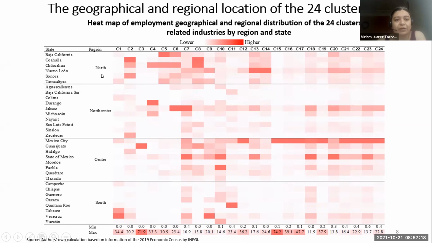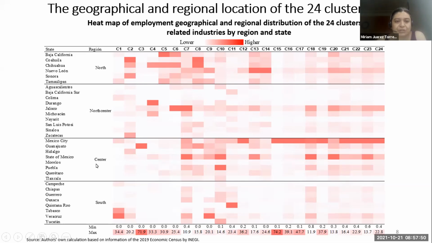For example, in the north, Chihuahua shows the presence of many clusters, and also Nuevo León, which is one of the most advanced manufacturing states, shows an important presence of this type of clusters. In the north center, we can observe that Jalisco has an important presence of different clusters, especially in manufacturing and also in services.